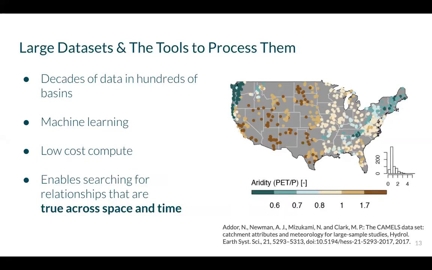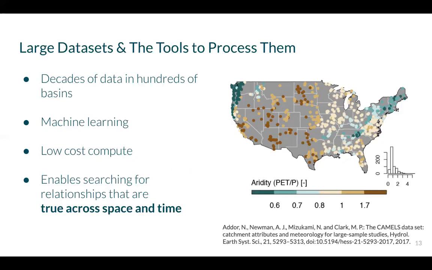And so we now have decades of streamflow records across hundreds and hundreds of basins. And there's a plot here on the right that I'll show you some more of that's showing one point for every single stream gauge in the United States that we have a really long record and really useful record for.